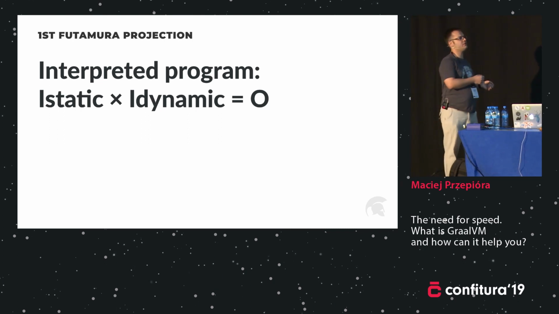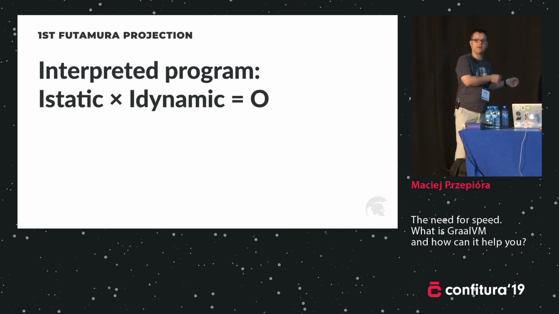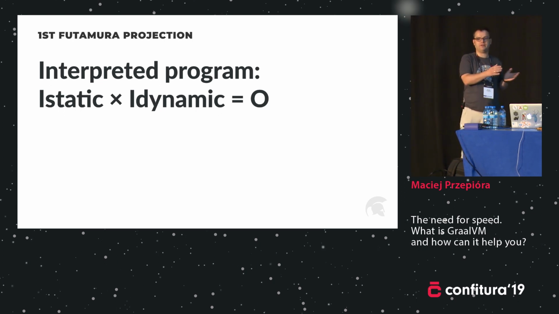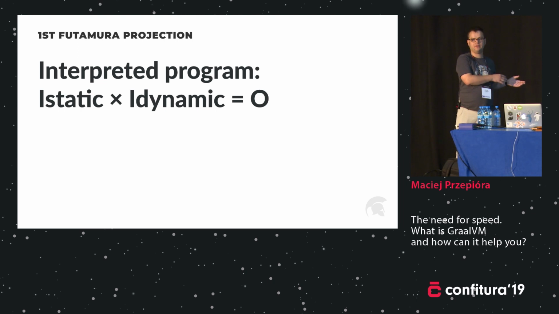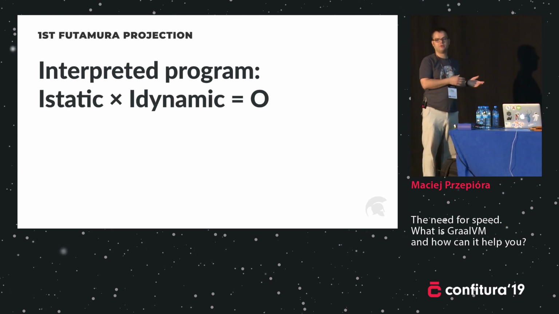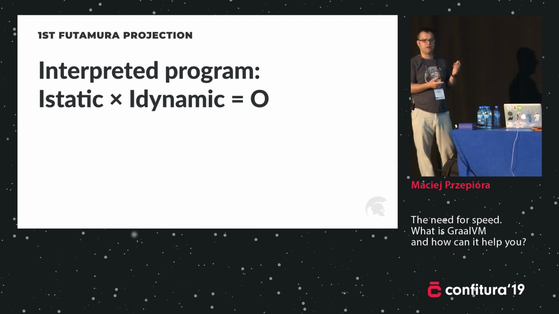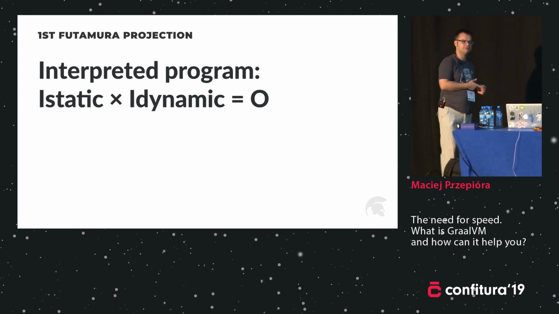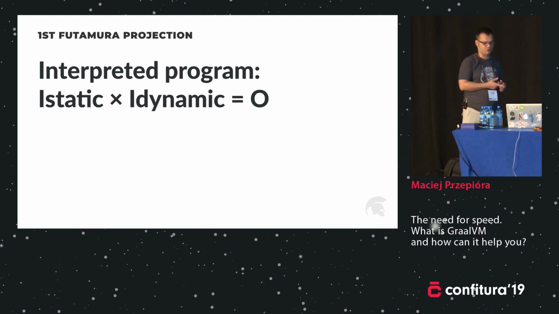So you can stitch the interpreted program and the interpreter together and just leave out the dynamic part, the user input. If you do the precomputation, if you add the interpreted program and merge it with the interpreter, you will get faster execution. And that's basically what Truffle allows for.